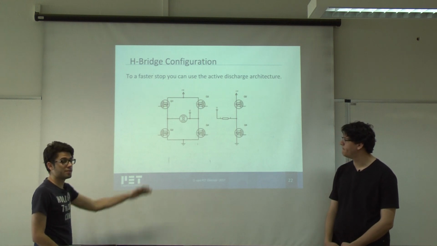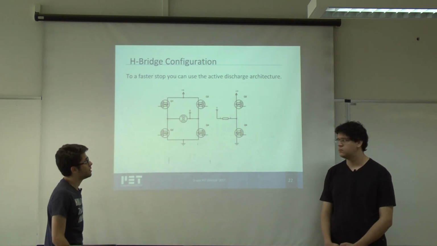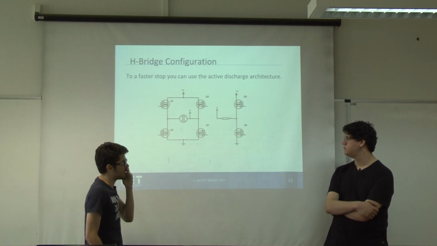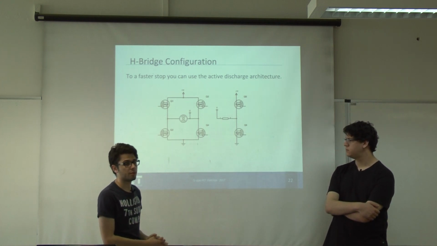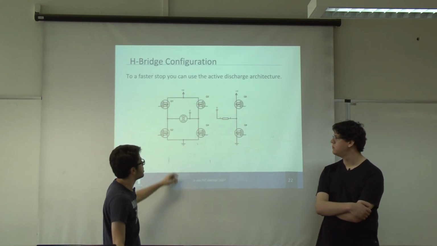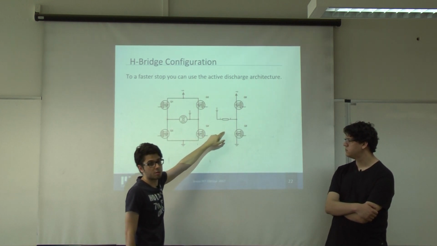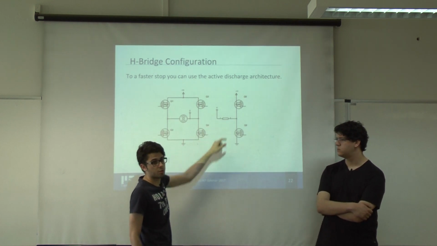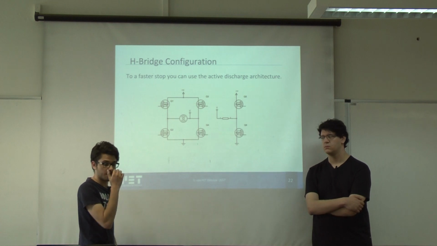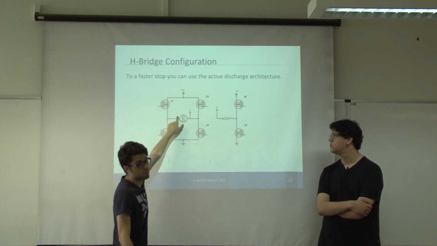This is a more efficient way to architect your H-bridge, because the way that we have seen is sometimes very slow. So basically the idea here is that you will use a resistance to discharge faster the current that you have in your inductance here.